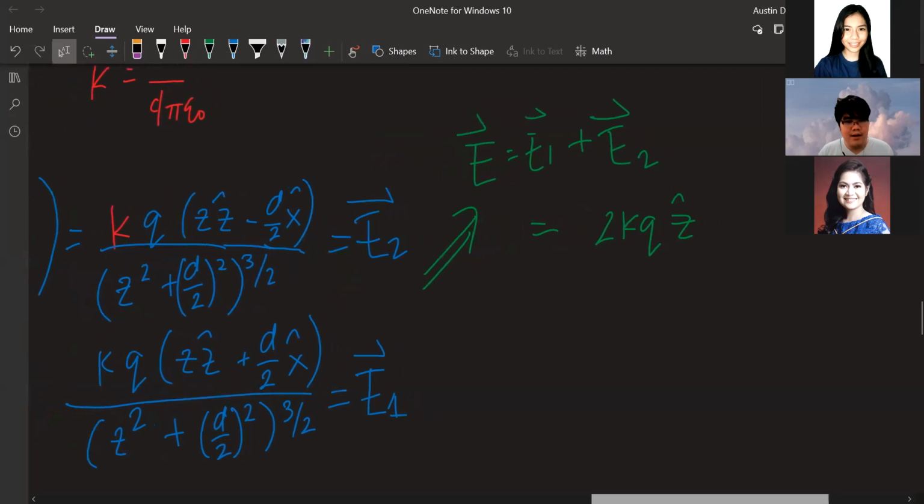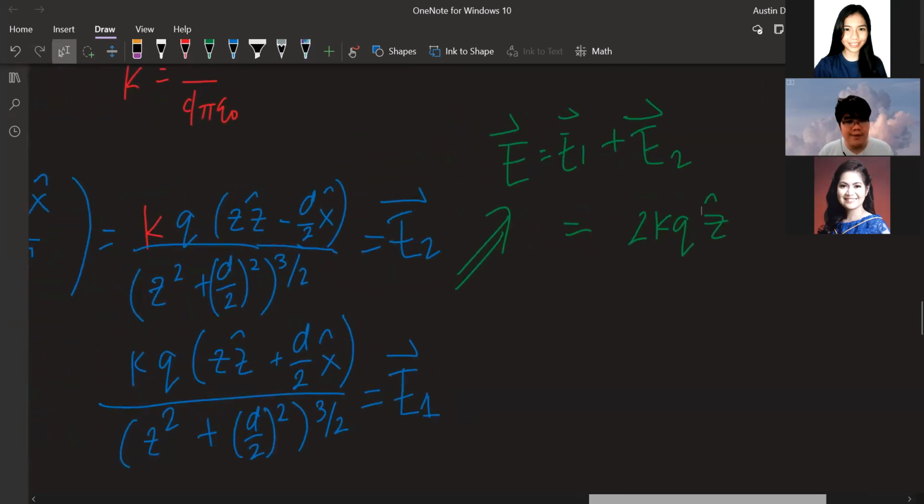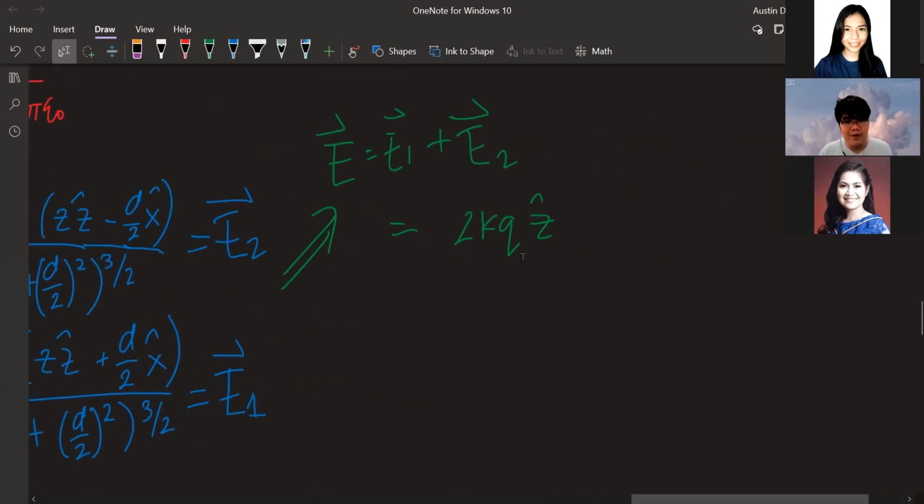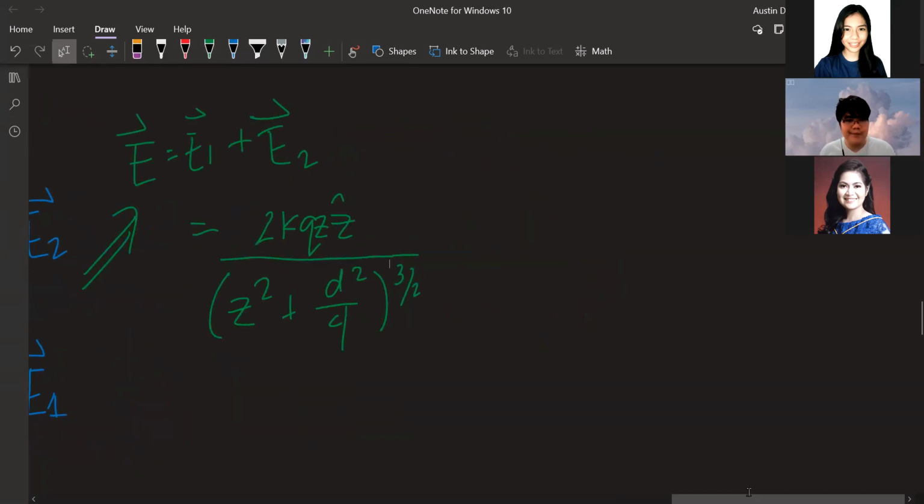And the denominator, I just copy them. Right? Okay. Then, because there are two of them, there's a 2. Oops, the z is missing. Take 2: 2KQ z. Then the denominator will be z squared plus d squared over 4, to the 3/2. And that is your E. Still write the E, and then Z.